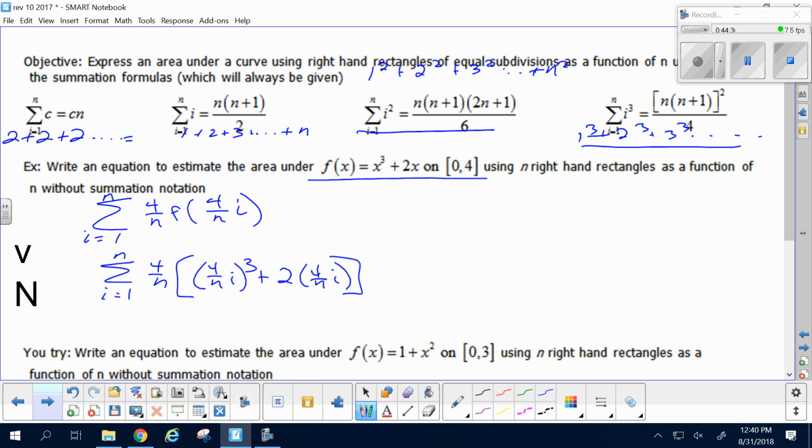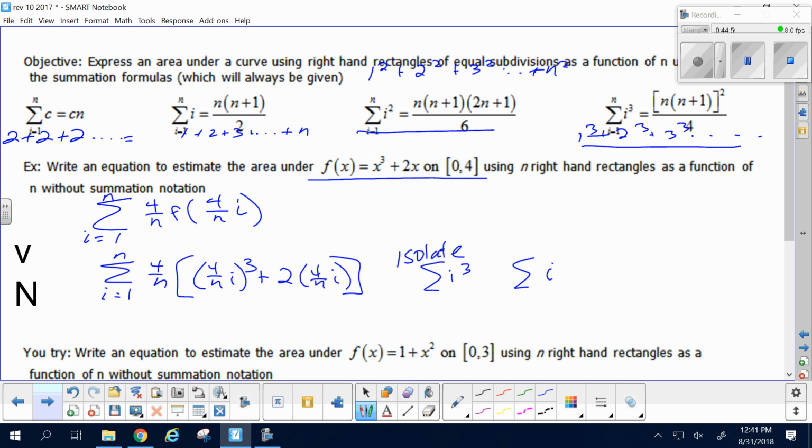The idea is to isolate something like i cubed or i, because I have formulas for those. I can say, oh, the sum of a bunch of cubes is that guy, or the sum of a bunch of i's is that guy.